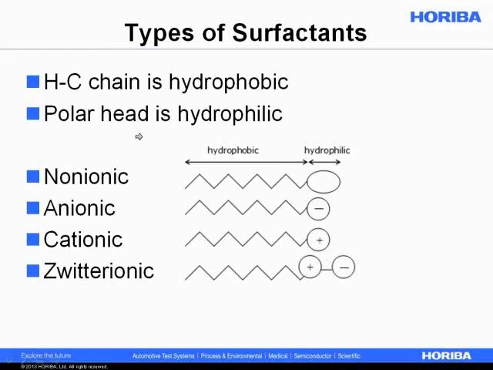And there's a range of surfactants we could use that we usually break down into the categories of non-ionic, where there's no charge on the head group, anionic, where there's a negative charge, cationic, where there's a positive charge, and the zwitterionic, where we actually have both positive and negative charges on the head group. So if we understand our powder properties and the liquid we're working with, this may help us choose which surfactant would be most appropriate for the sample that we're trying to measure.